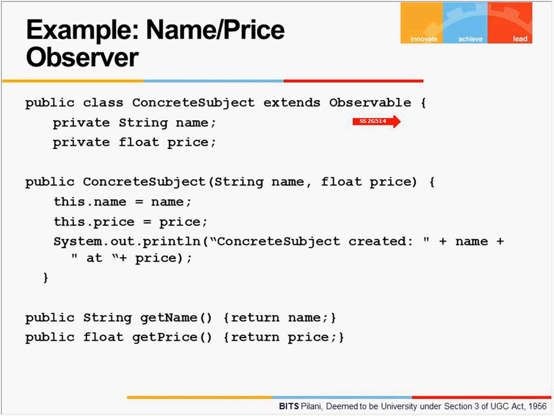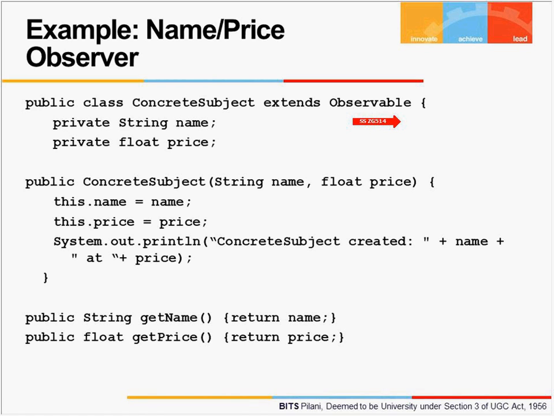But in the way that they have done it, it extends the observable class, which is parallel to the subject interface. Let's see what this particular concrete subject is doing.